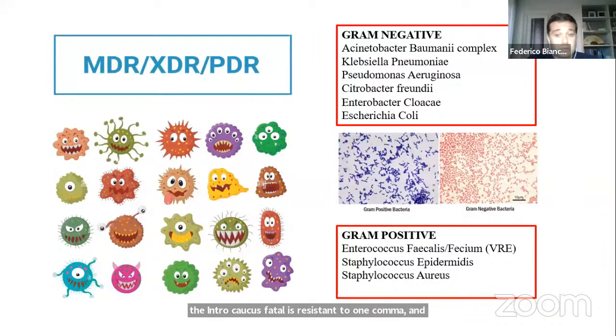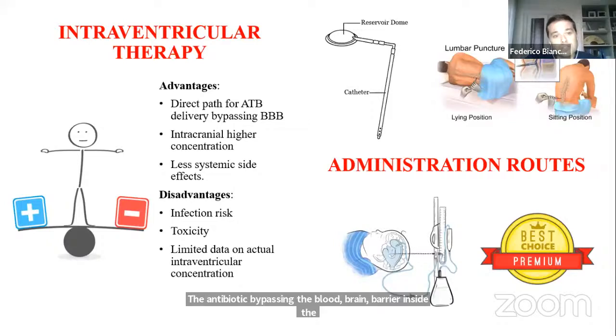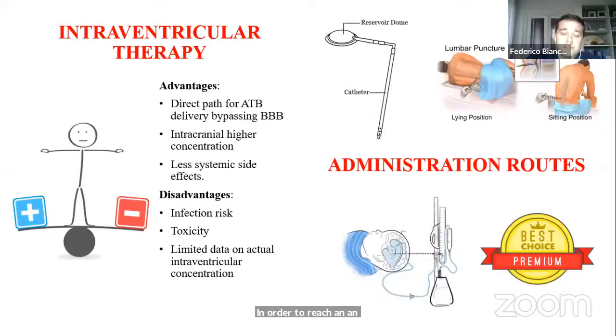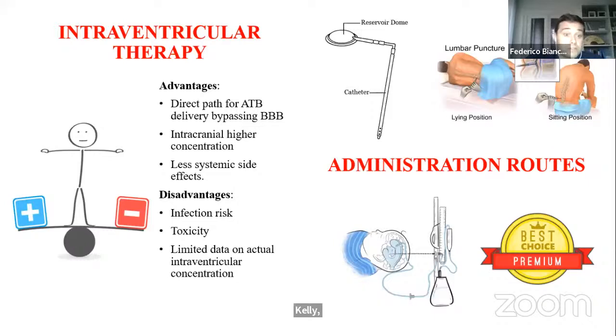Intraventricular therapy means the direct administration of the antibiotic, bypassing the blood-brain barrier, inside the ventricle, inside the CSF, in order to reach a higher concentration with less systemic side effects. Clearly, these advantages are offset by the risk of superinfection, the toxicity from the antibiotic, and the limited data we have in the literature about the most proper concentration to use.